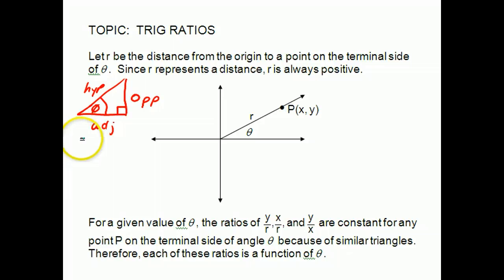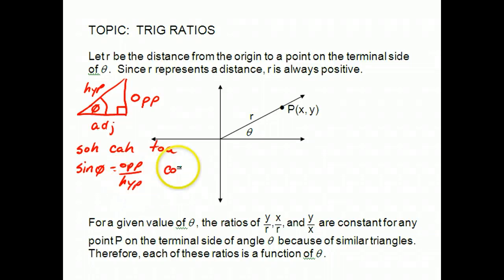Okay, and the little acronym that we use to remember those looks like this, right? So my sine of theta is going to be the opposite over the hypotenuse. My cos of theta is going to equal my adjacent over my hypotenuse.